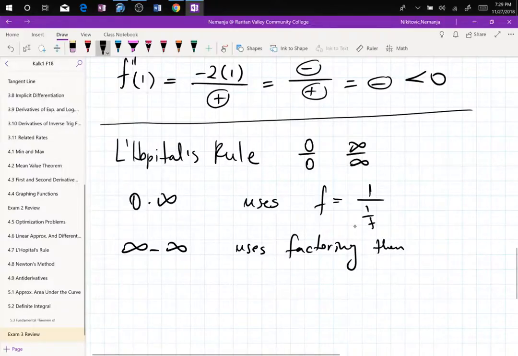Then we have 1 to the infinity with its friends, 0 to the 0, and so on.